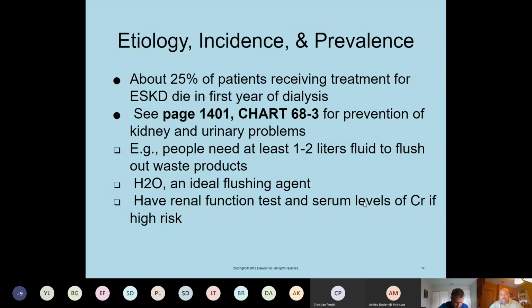This is not really great statistical information, but about 25% of your patients receiving treatment for end-stage kidney disease will die in the first year of dialysis. Pretty grim picture.